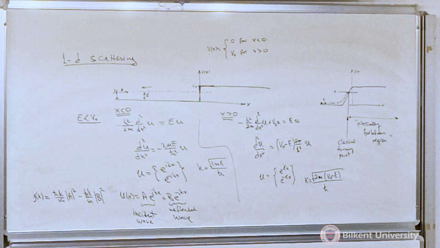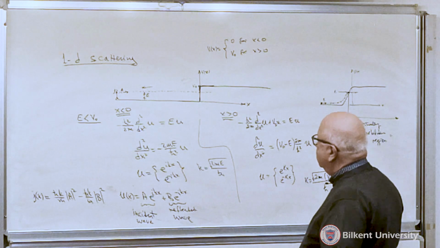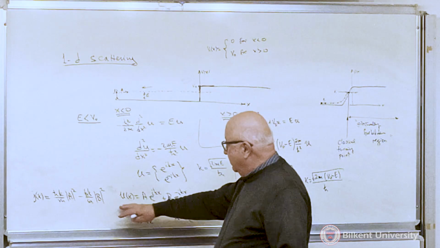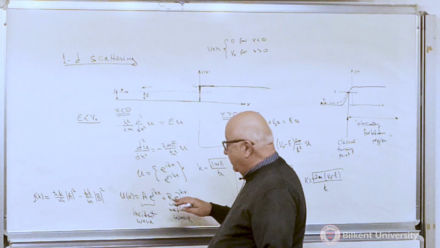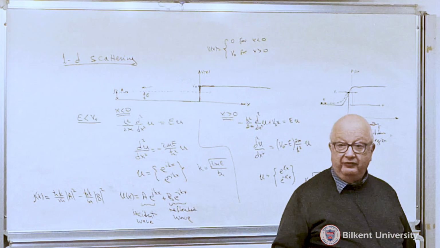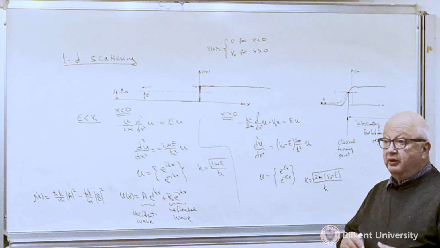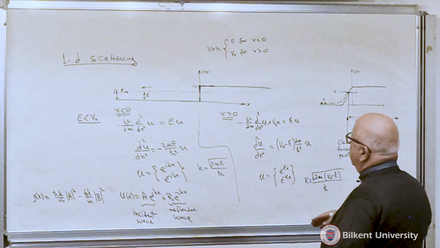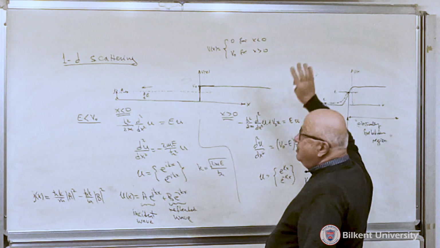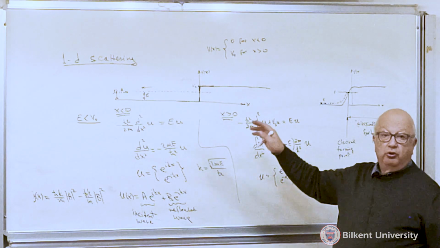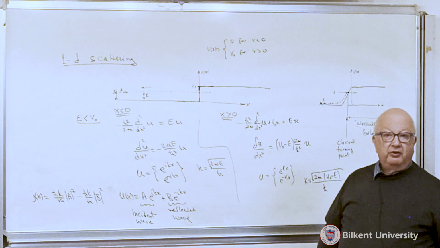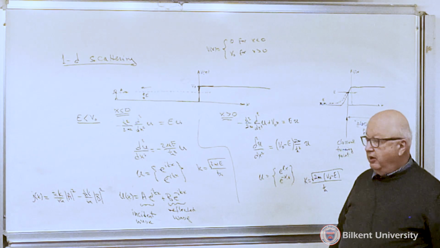I have lost all hope of normalizing this wave function, since it indicates a probability which is increasing the more you go to plus infinity, which doesn't make sense.